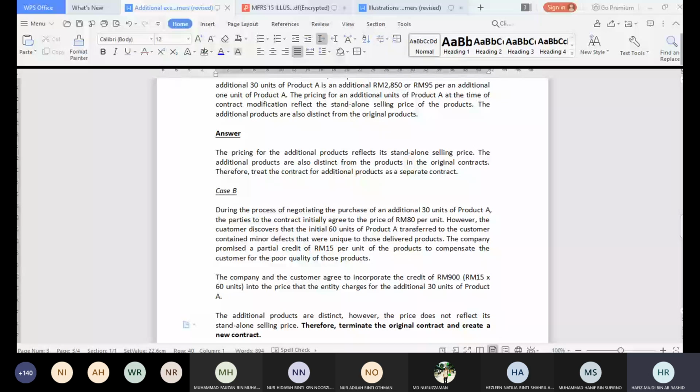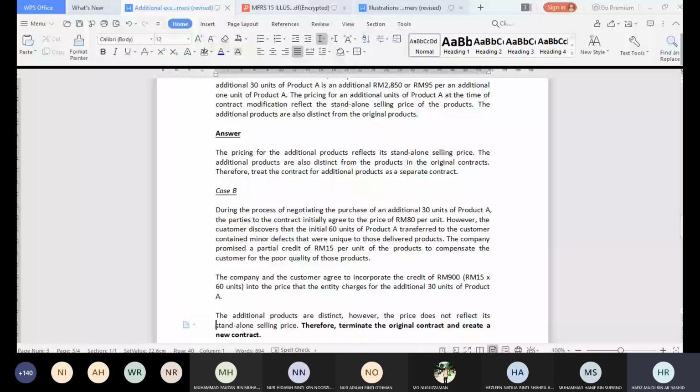The company and the customer agree to incorporate the 900 ringgit credit, because 15 ringgit per unit multiplied by 60 units. So they have agreed to incorporate this credit of 900 ringgit into the price that the entity charges for the additional 30 units of product A.